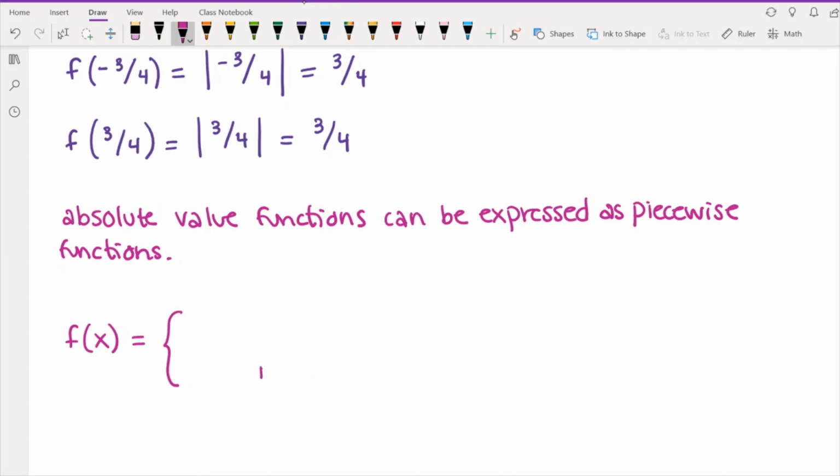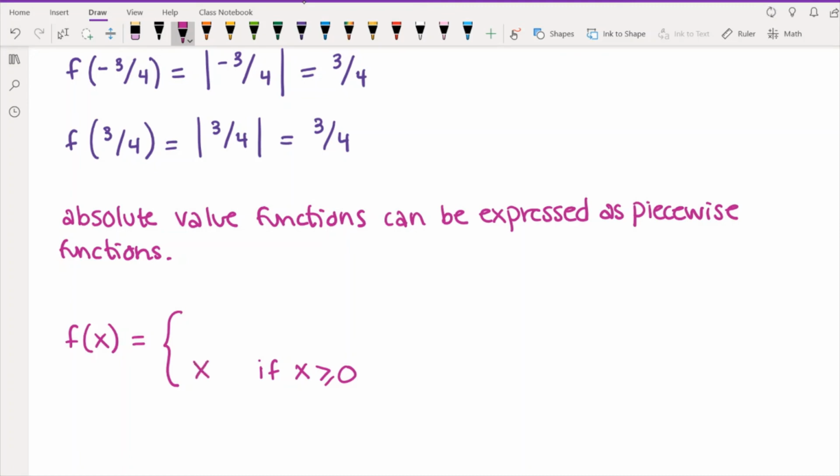So the positive case, and actually we'll see it doesn't matter where you put the 0. So I'm going to put the 0 with the positive case. I'm going to say if x is greater than or equal to 0. So if you're plugging in a number that is greater than or equal to 0, it doesn't change when you take the absolute value, right? And so how do you write down a function where the input doesn't change when you find the output?